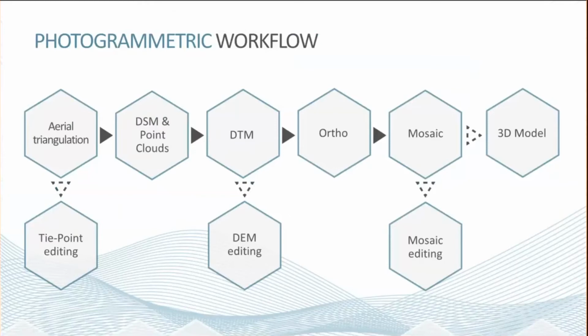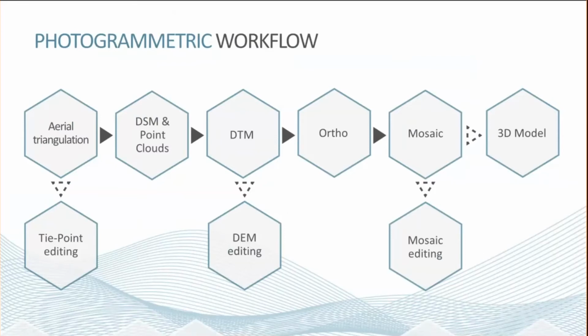The first module is the aerial triangulation, which consists of finding key points between all the images, so you have a nice block of stable images. You want to make sure that all your images are nicely tied together. At this point you can also import some ground control points, and we're going to refine the position and also the parameters of the camera.